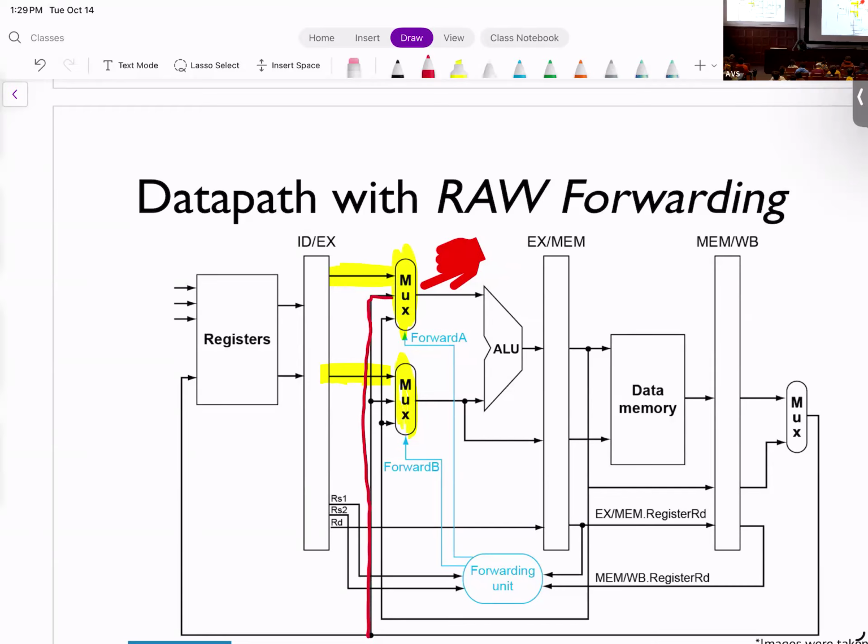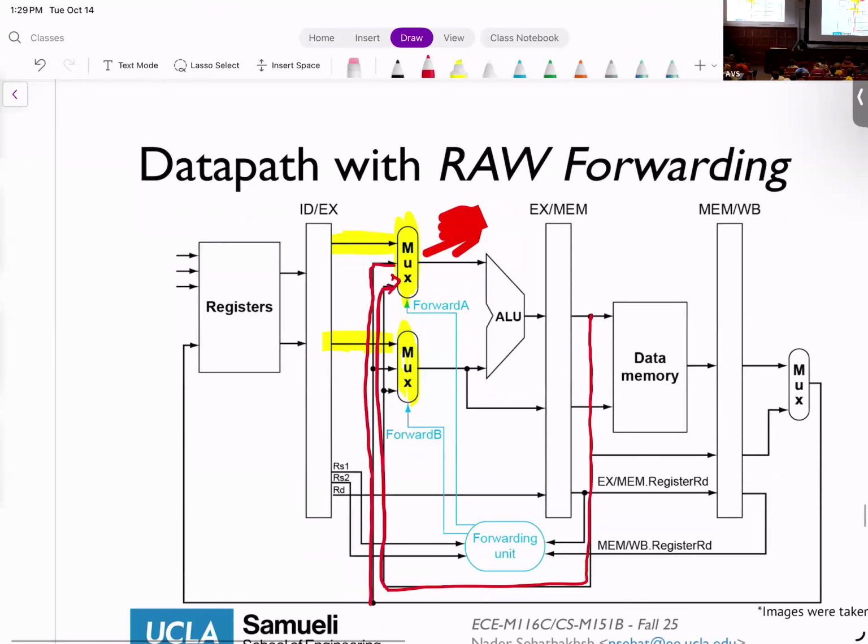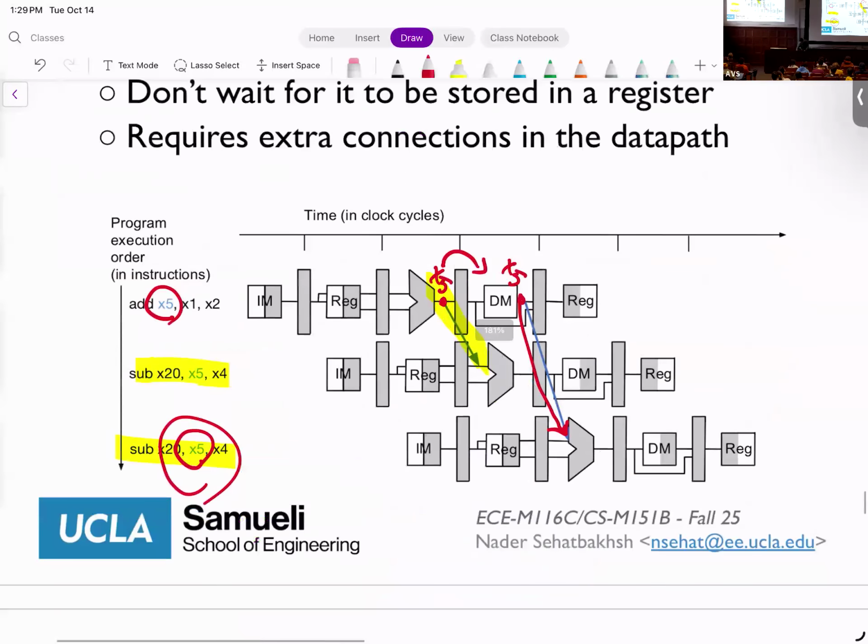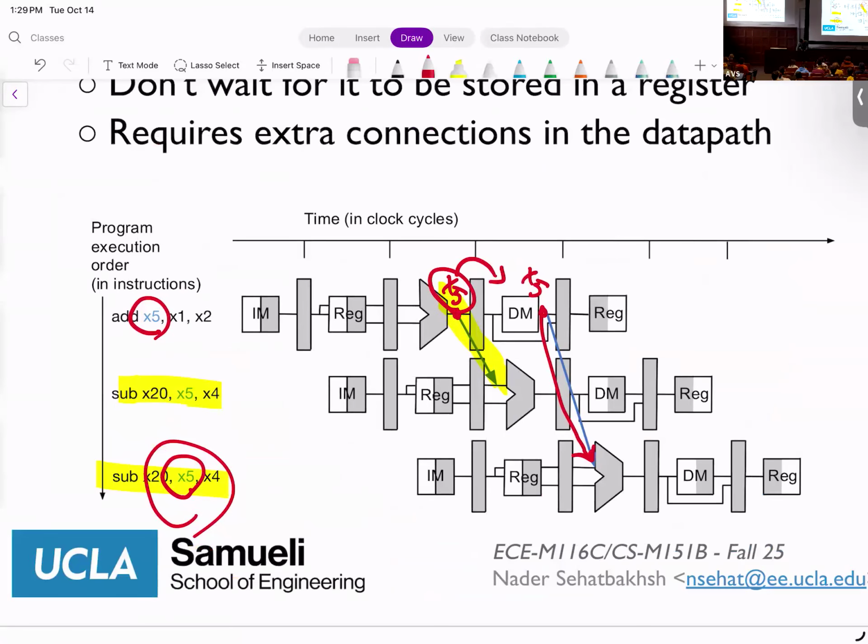I'm also introducing the value that is coming from here. Okay. So these 2 values are basically coming from the beginning of this stage and the beginning of this stage. These 2 values are essentially equivalent to what I'm showing you here. This is the updated value of x5. This is the updated value of x5.